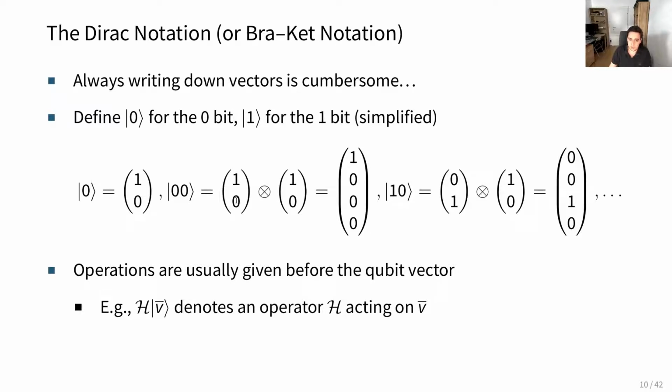So there's a 0% chance to result in a 1 bit and a 100% chance for the 0 bit. And that's the same also for that one. And if the first qubit has a 100% chance of being a 0, and the second qubit has also a 100% chance of being a 0, then essentially the final state has a 100% chance of being 0, 0.